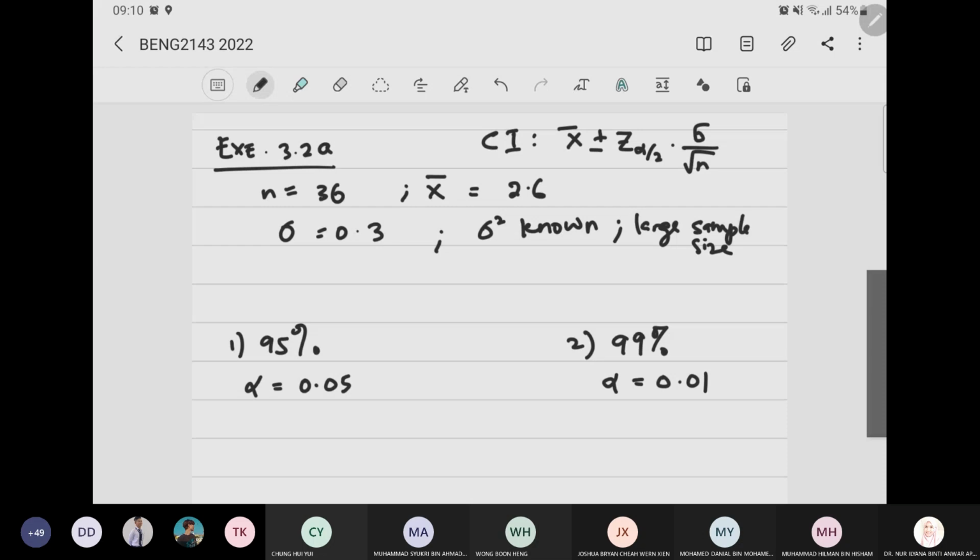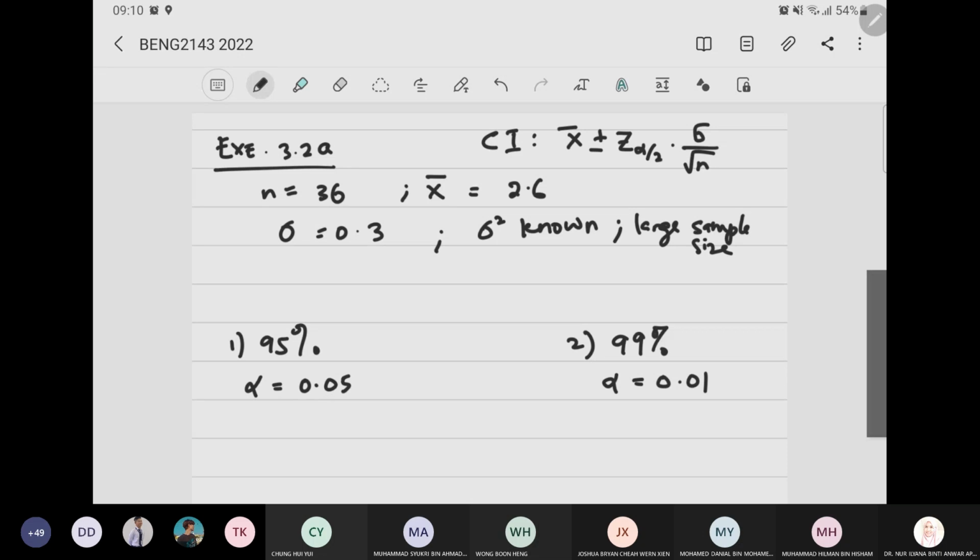So the significance level is actually taking a value less than 1. Okay. And then the confidence coefficient for this one is 95%, and that gives you the significance level alpha value of 0.05.